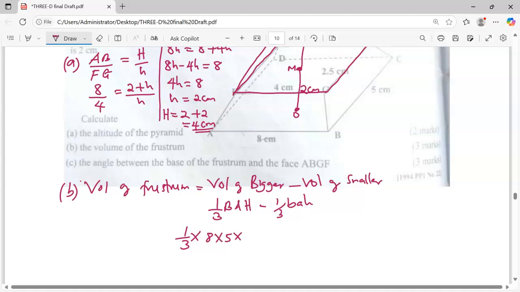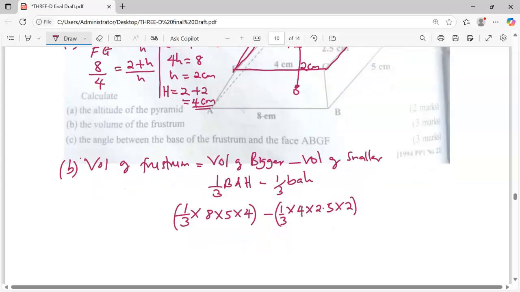We multiply by the height, which we have calculated as 4, minus a third times the small base area, which is 4 times 2.5, times the small height of 2. A third times 8 times 5 times 4 will give us 53 and a third, minus a third times 4 times 2.5 times 2 will give us 6 and 2/3.